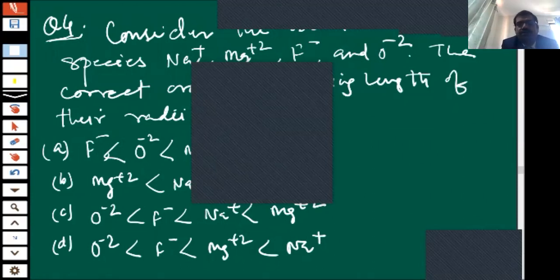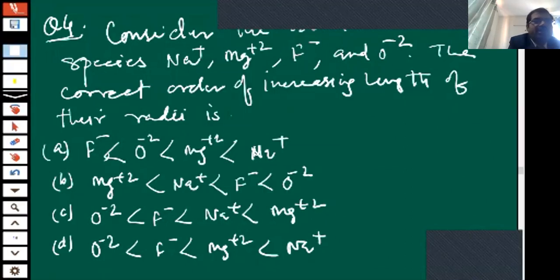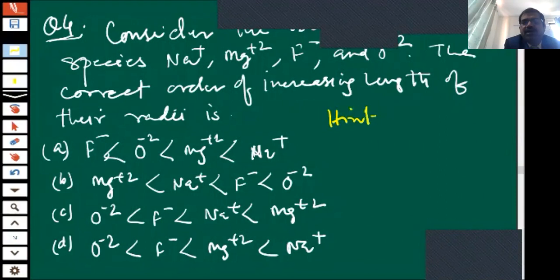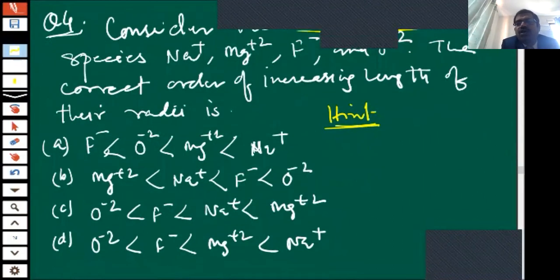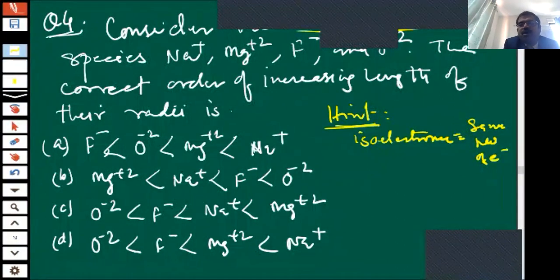So here, what is the hint? First of all, you have to know what you mean by isoelectronic. Isoelectronic means particles having the same number of electrons. And then you have to calculate the Z by e value.